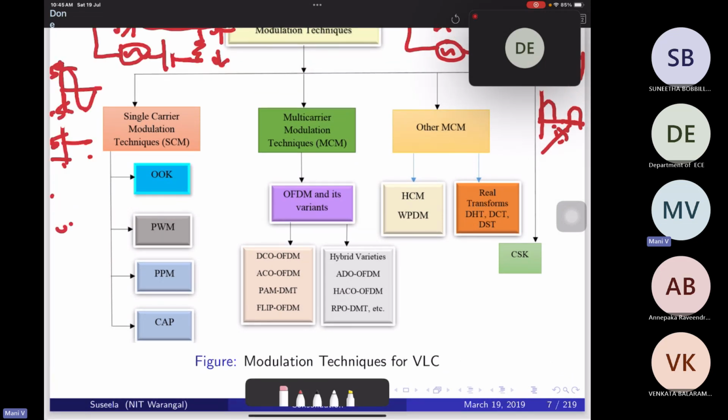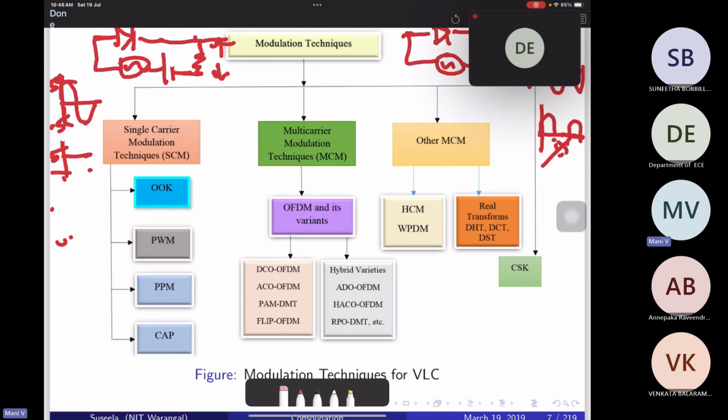Coming to the multi-carrier modulation techniques, OFDM and its variants, and hybrid coded modulation are more advanced variants of modulation techniques. Mostly I concentrate on multi-carrier modulation techniques.